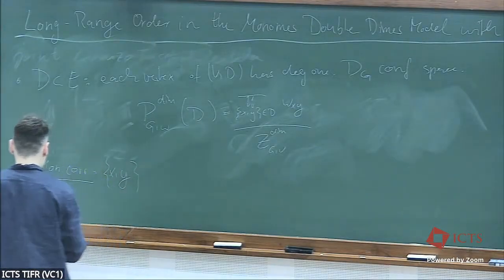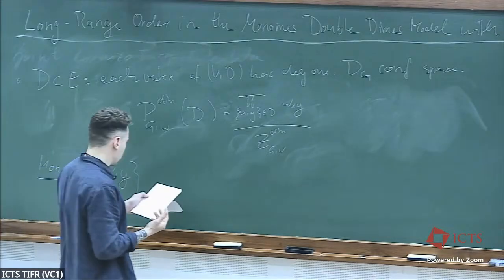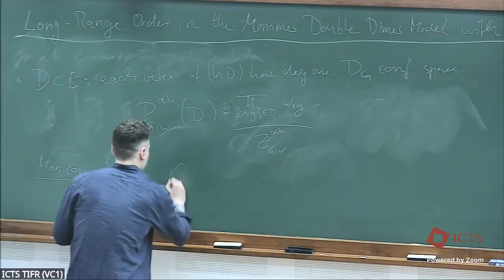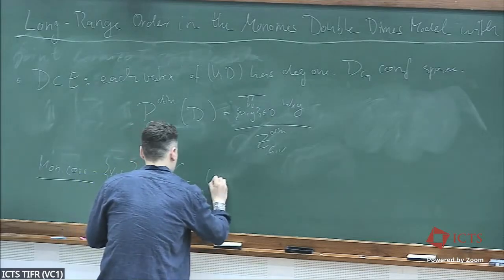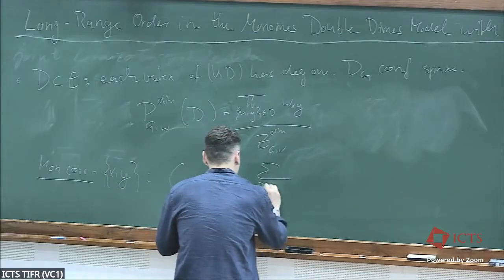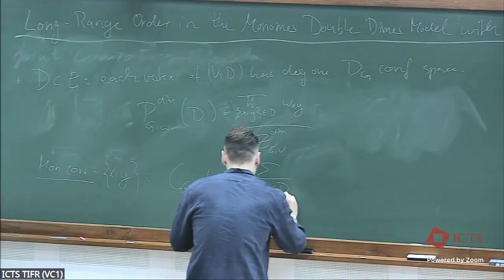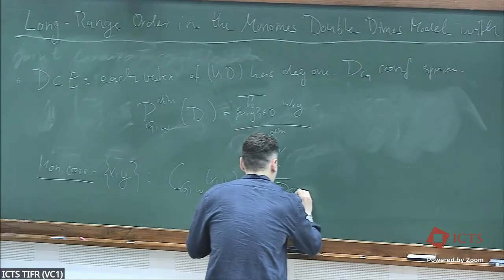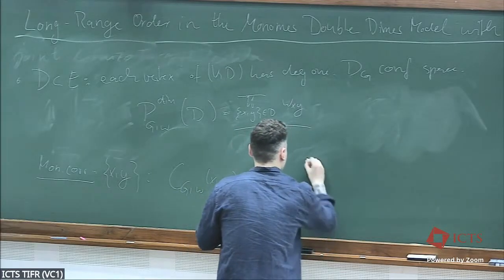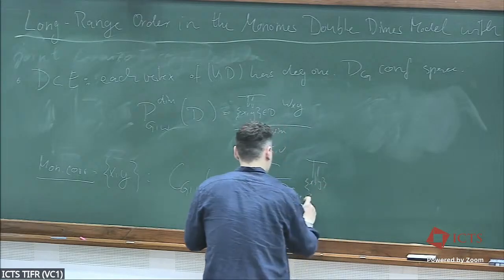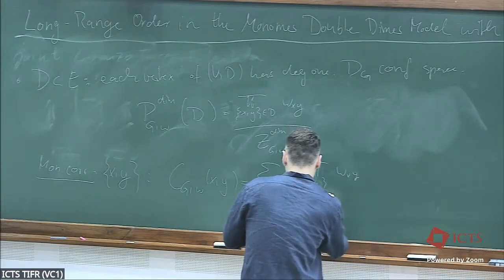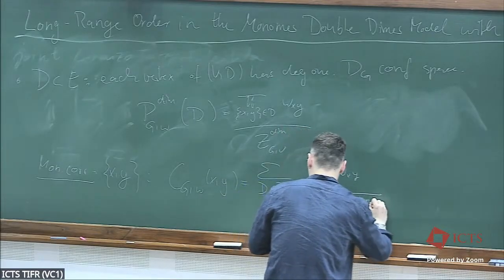And then you perform a dimer configuration on the complement of these 2 points. The monomer correlation function is the sum over configurations where you have removed these 2 points, so it's the sum over D in G minus xy, and then the product over the weights w_uv, divided by just the normal partition function.